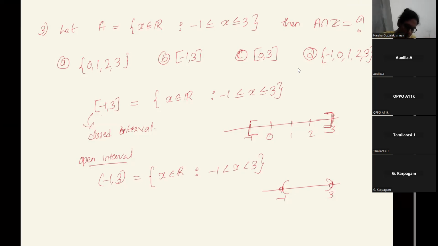Question is, A is given as set of all elements in R from -1 to 3. That is, here A equal to closed interval [-1, 3].